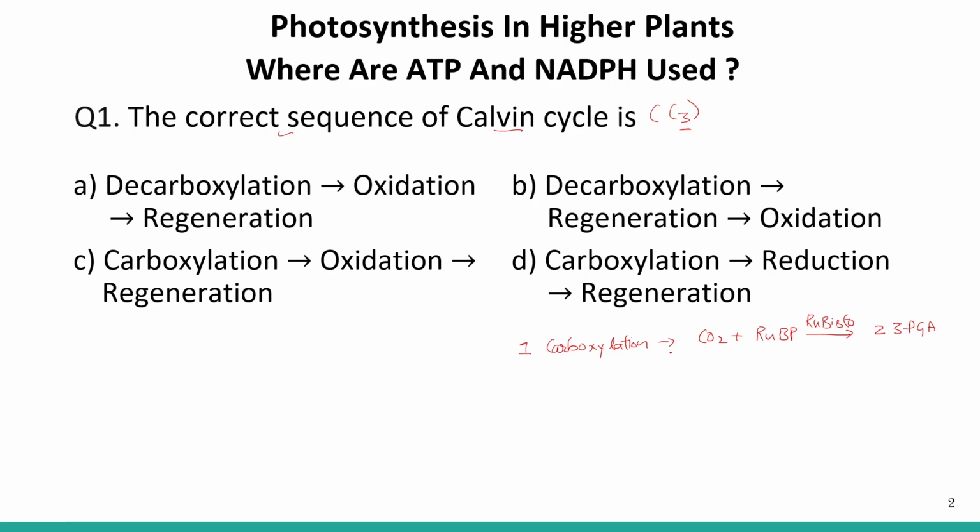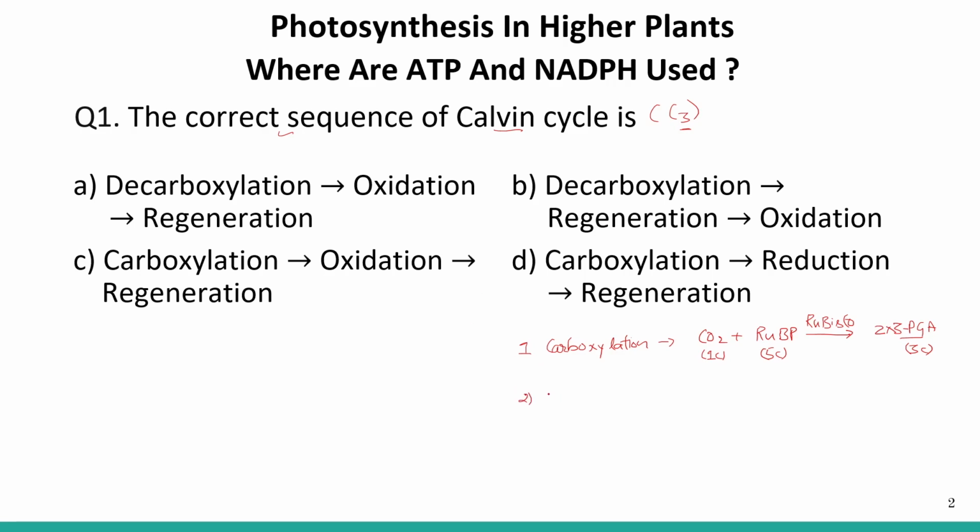Carbon dioxide contains 1 carbon, RuBP contains 5 carbon, and 3-PGA contains 3 carbon. That's why 2 molecules are formed.